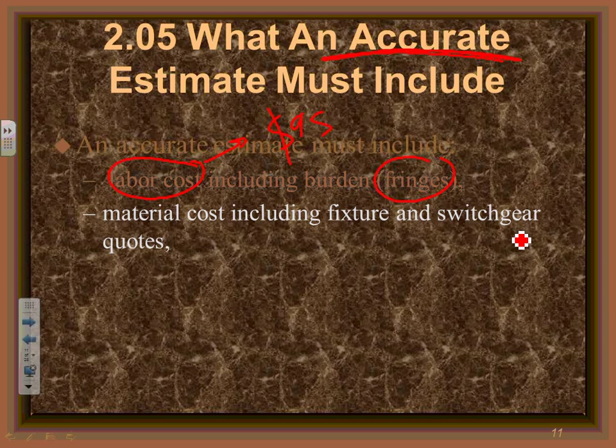Material cost makes sense, right? You can't have an estimate without labor and material. That will include the fixtures and the gear. The material cost, guys, when we take off the material, the switches are easy to take off, and the conduits and the wires. But do you think all the electrical panels that are very expensive and the generators will be taken off or will be quoted? You're going to hear the word quotes. The quotes, guys, is when you go to 4 vendors.